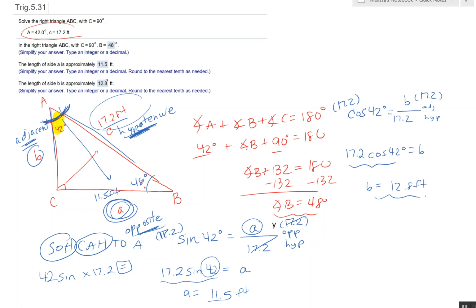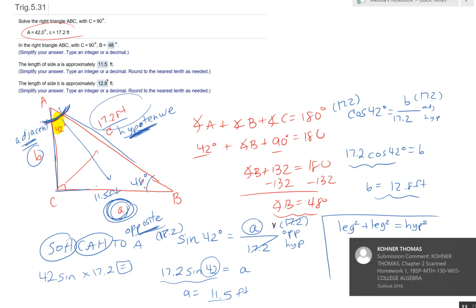Now I want to point out that once you know side A, you can also use the Pythagorean theorem if you want to. So as an alternative, the Pythagorean theorem says legs squared plus legs squared equals hypotenuse squared. The legs come off of the right angle.